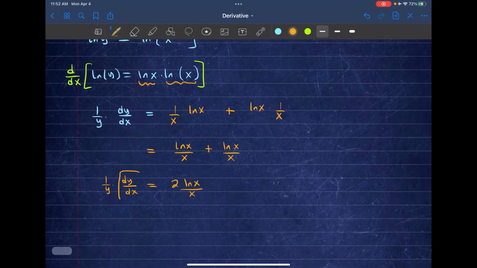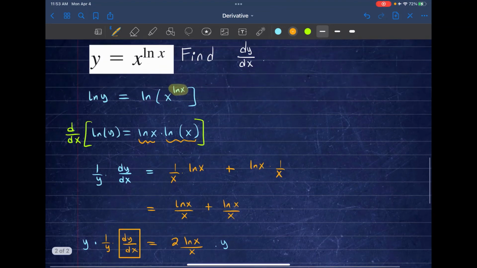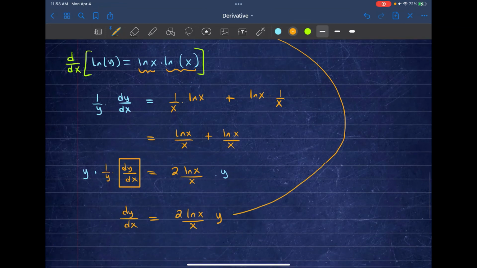Now on the left hand side, we need to solve for that. So multiply both sides by y to get rid of y. And then this will give us dy/dx is equal to 2 ln of x over x times y. And what is y? Well, y is right here, x to the ln of x, and that's what we're going to plug in right here.